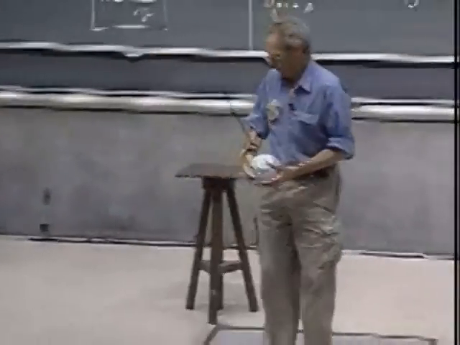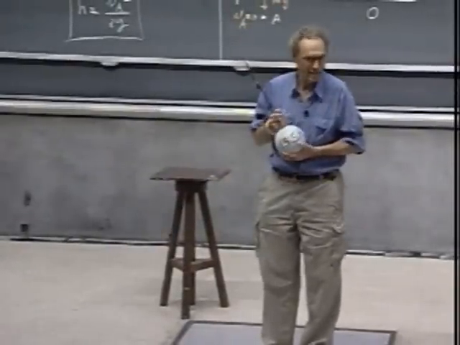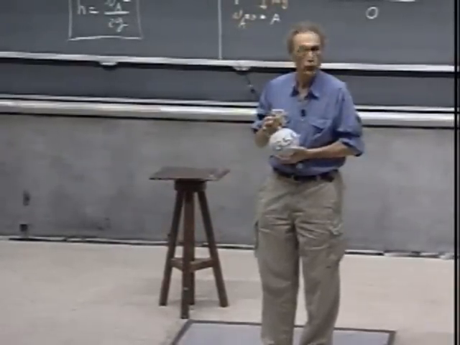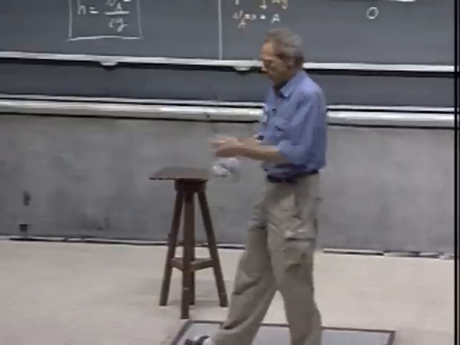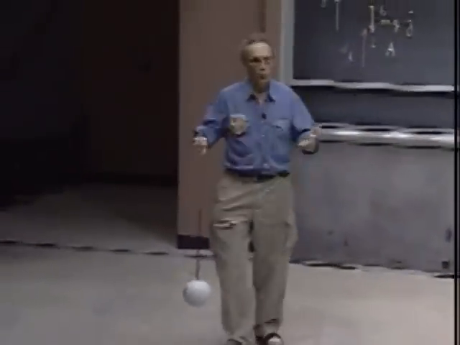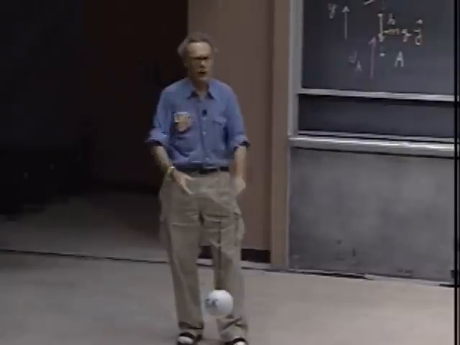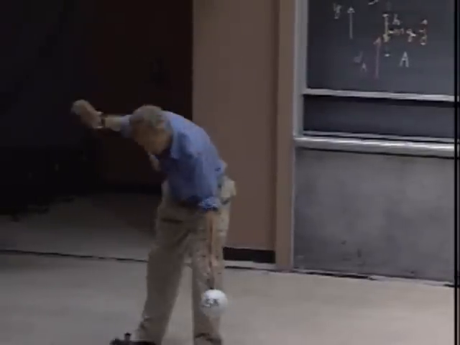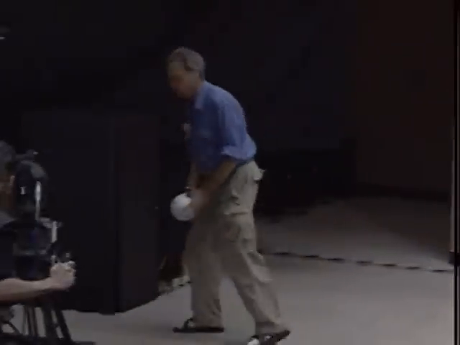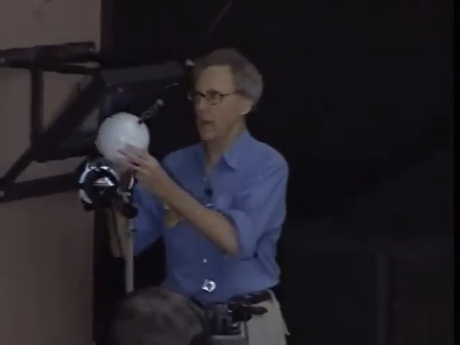If I would let it swing from 1 meter height, and you would be there and it would hit you, you'd be dead. 150 joules is enough to kill you. They use these devices, called a wrecking ball, to demolish buildings. You lift up a very heavy object, even heavier than this, and then you let it go, you swing it, thereby converting gravitational potential energy into kinetic energy, and that way you can demolish a building.